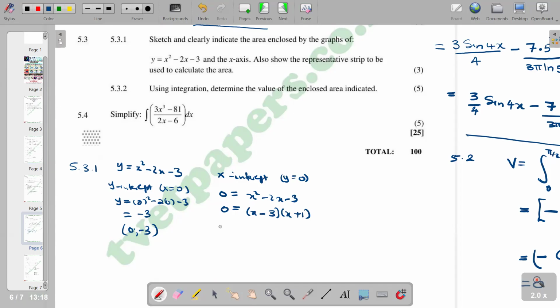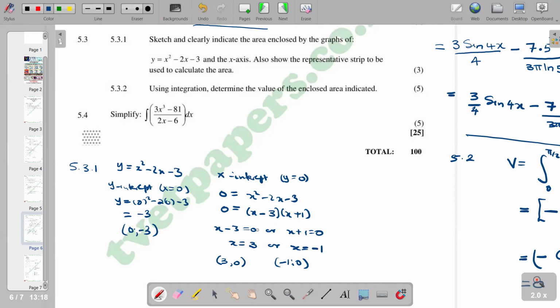Each bracket is equal to 0, so x minus 3 is equal to 0, or x plus 1 is equal to 0. Therefore, x is equal to 3, or x is equal to negative 1, meaning our x-intercepts are 3, 0 and negative 1, 0.